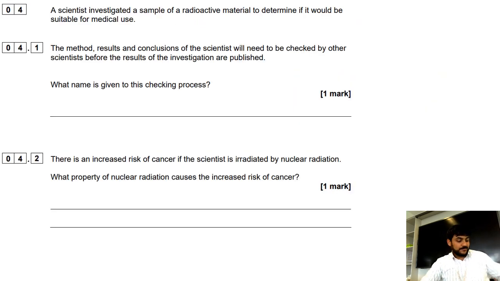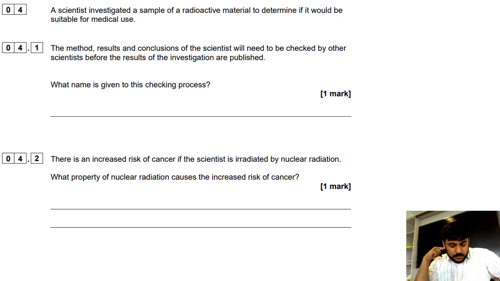Okay, question 4. A scientist investigated a sample of radioactive material to determine if it would be suitable for medical use. The method, results, and conclusions of the scientist will need to be checked by other scientists before the results of the investigation are published.